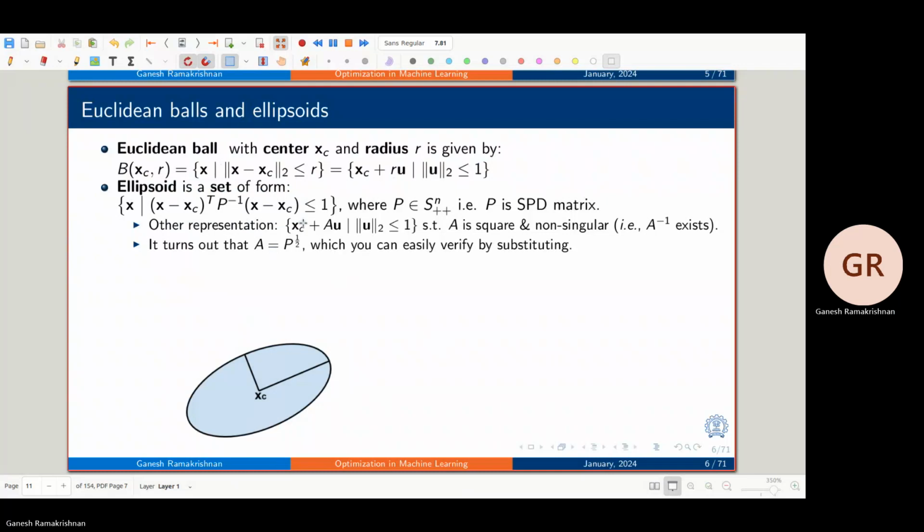So you see what's happening here. You're just taking a ball and the rescaling and rotation are all happening through P inverse. P inverse is rotating and also rescaling. Okay. So this is also an ellipsoid. How would P inverse look for this ellipsoid? Axis aligned.